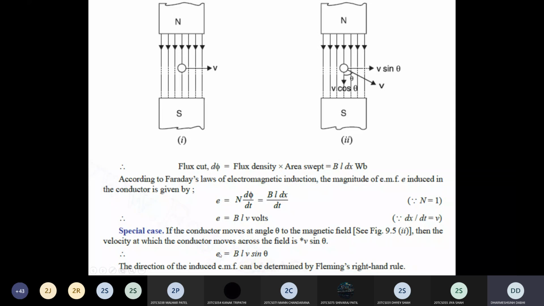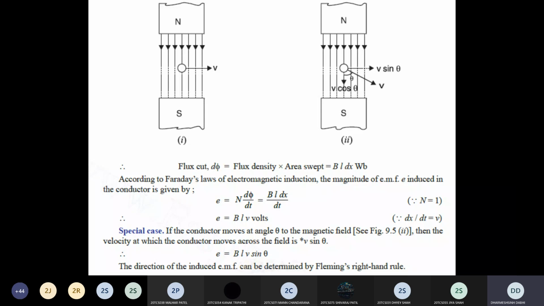So the equation of induced EMF becomes BLV sin theta. All of you clear this concept of dynamically induced EMF, the EMF equation in terms of flux density, length and velocity? Yes or no?